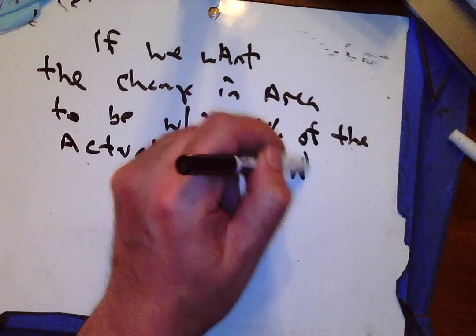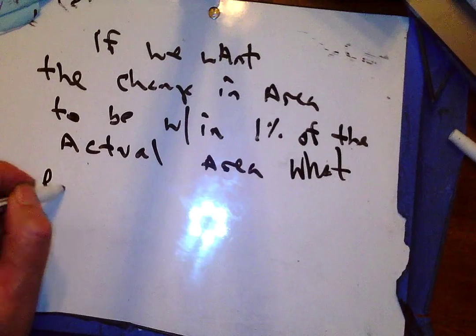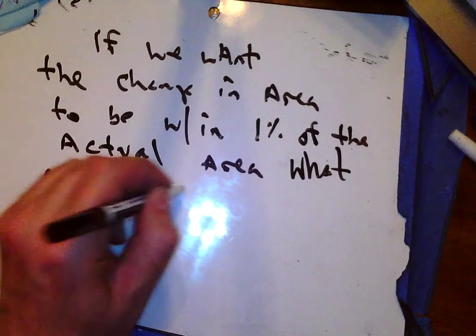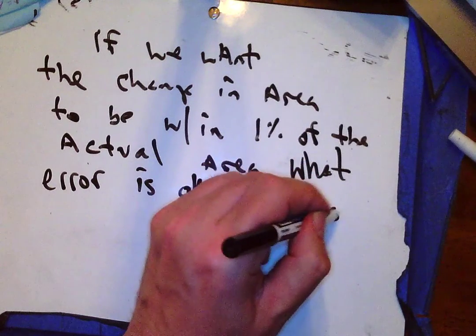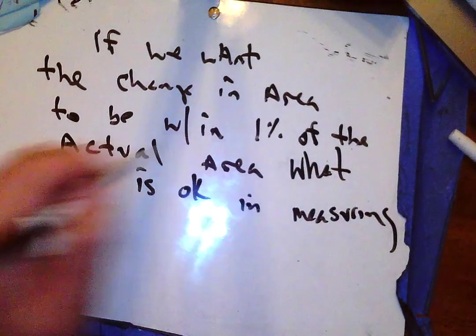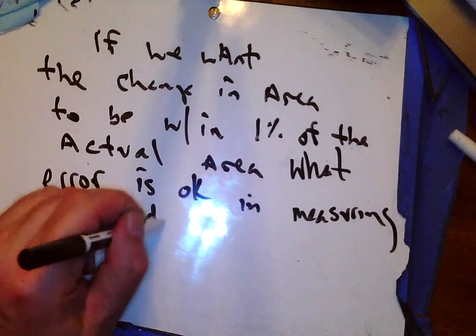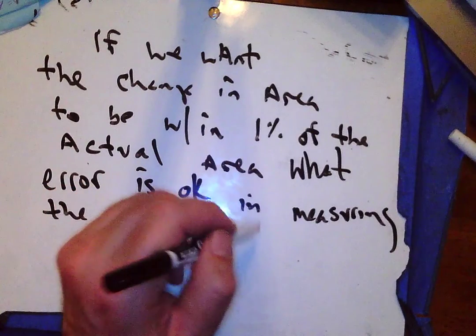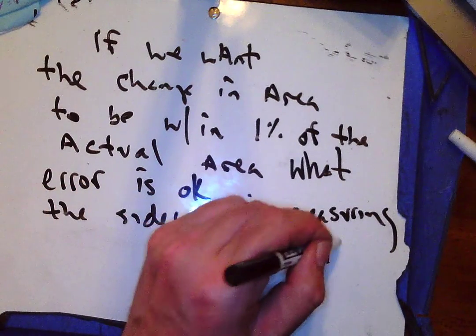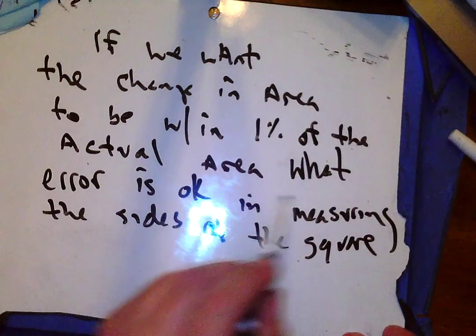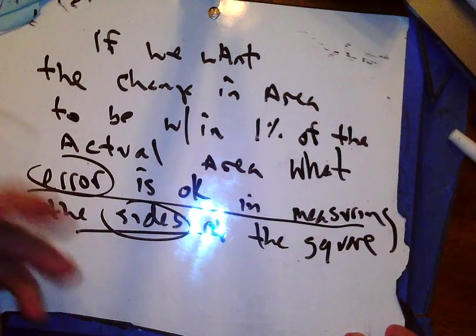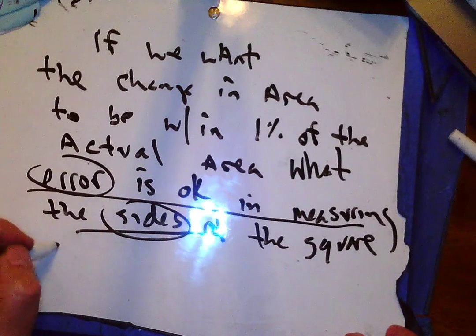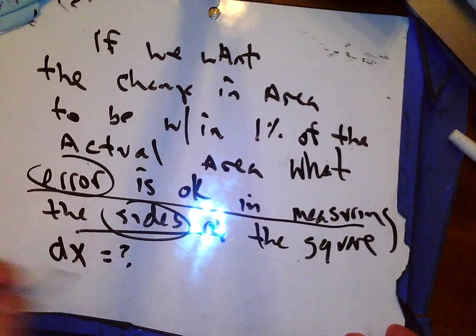What error is okay in measuring the sides of the square? Okay, so error in measuring the sides, error in side, variation in side length. So that's my dx, and I don't know what it is.